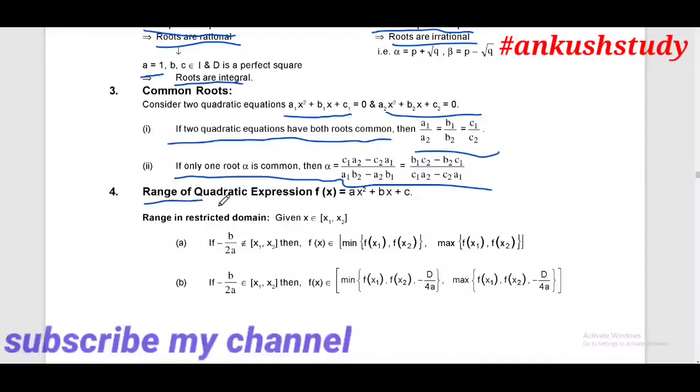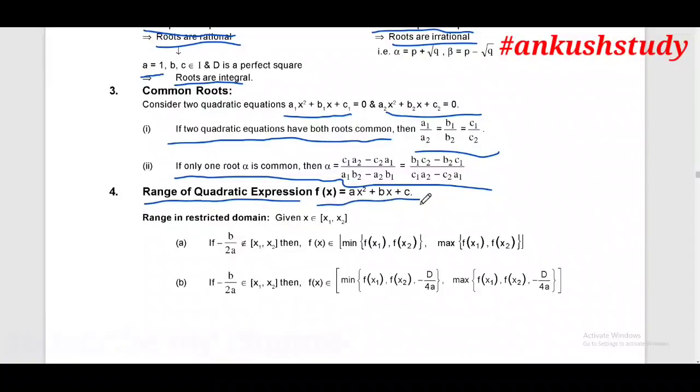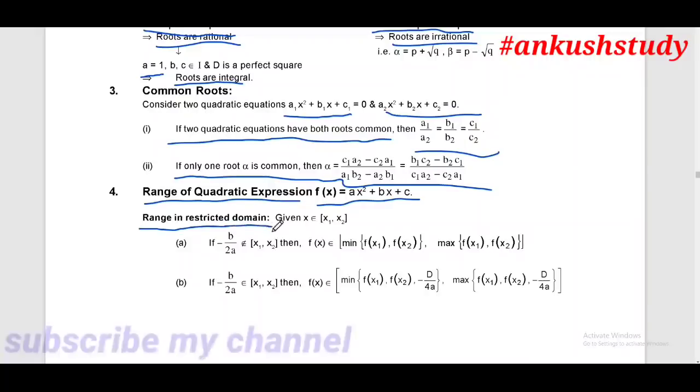And now this is the last formula for this chapter: the range of the quadratic expression f(x) equals ax square plus bx plus c, and the range in a restricted domain, x belongs to [x1, x2]. Okay, and now there are two points here.